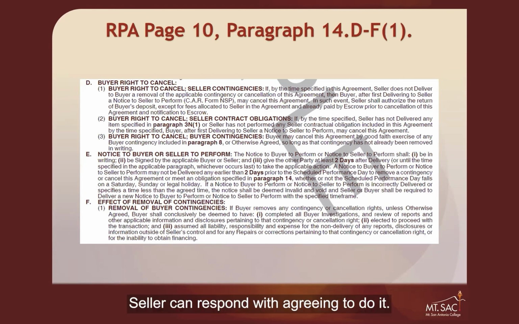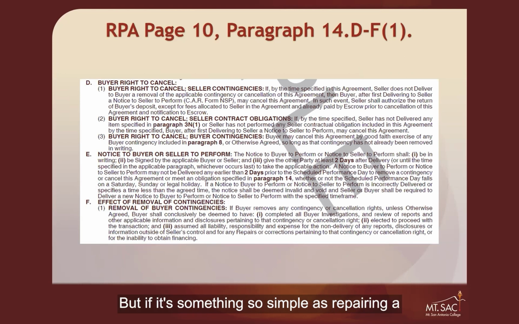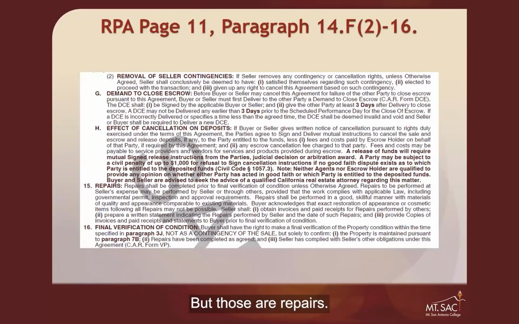Seller can respond with agreeing to do it, do some of them, not all of them, or agree to give money and not do them. I love sellers giving money and not doing the repairs for things like roof repairs, because how do you know if the roof has actually been repaired until the next rain, right? So I like money there, but if it's something so simple as repairing a hole in the wall or a broken window, that's pretty easy to verify that it was done properly. But those are repairs.